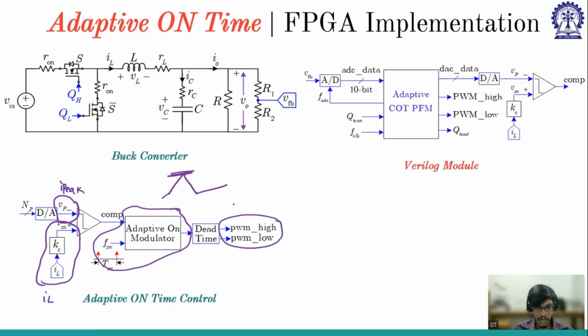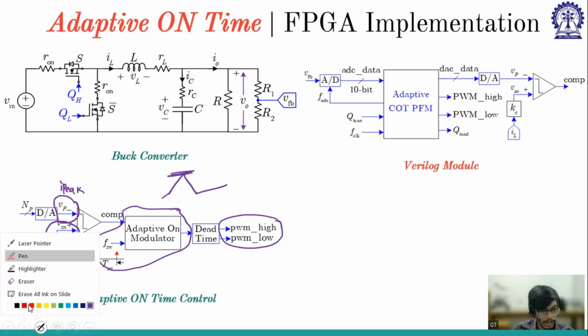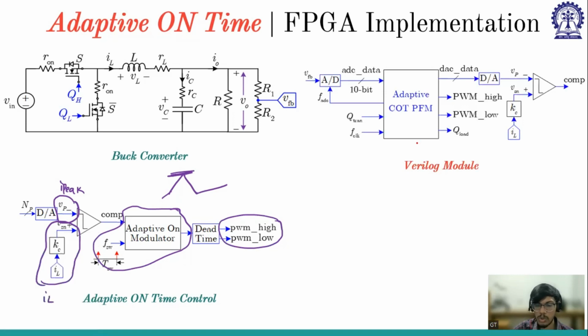The Verilog module will be completely similar to the constant on time current mode control, except that here the on time is V in independent, whereas in constant on time current mode control it is not.